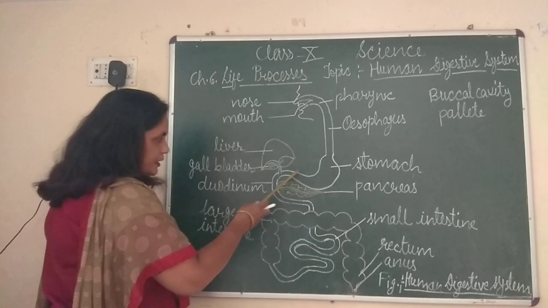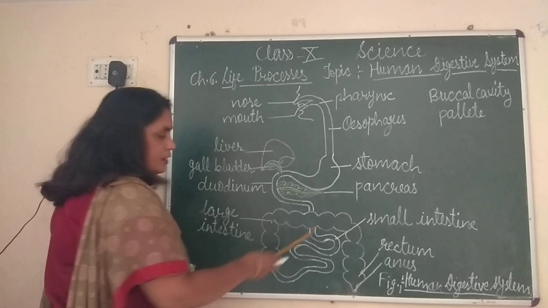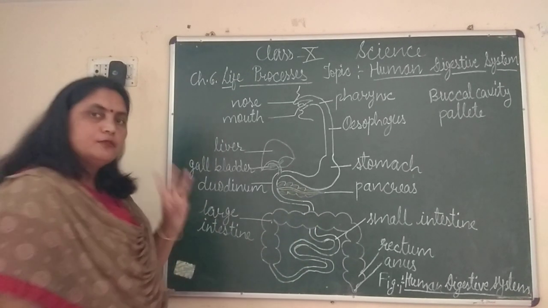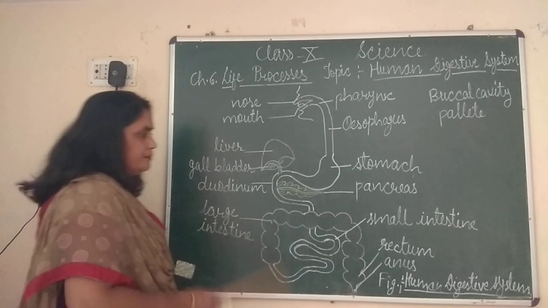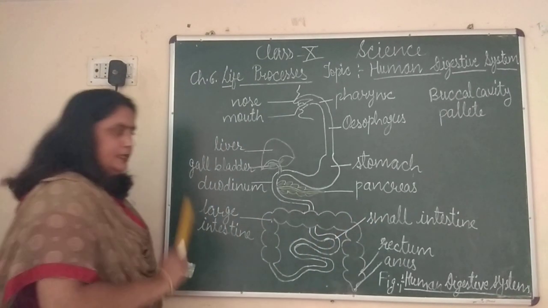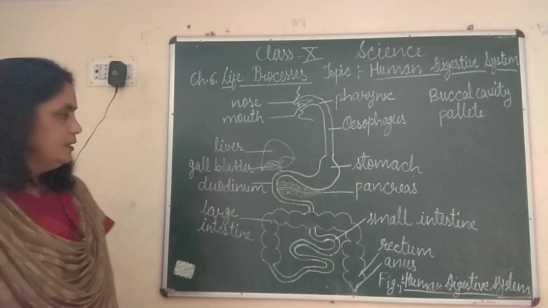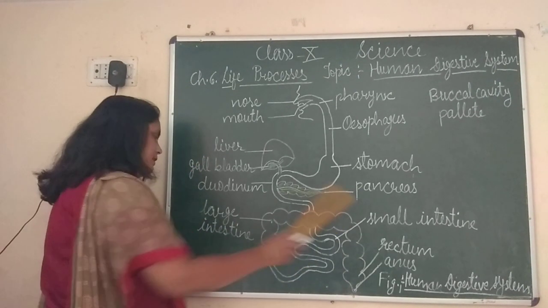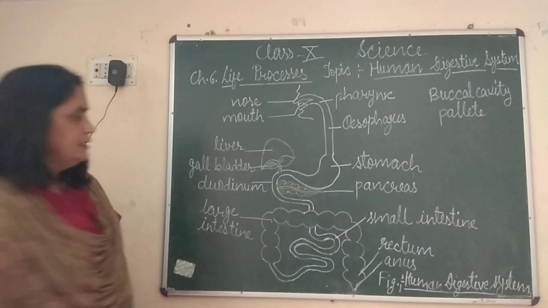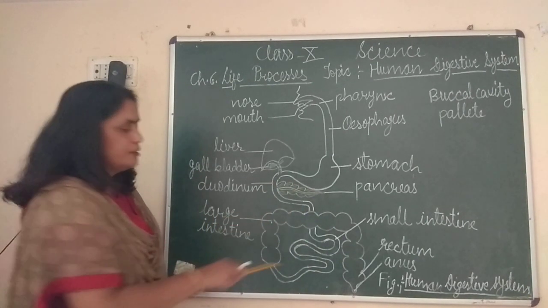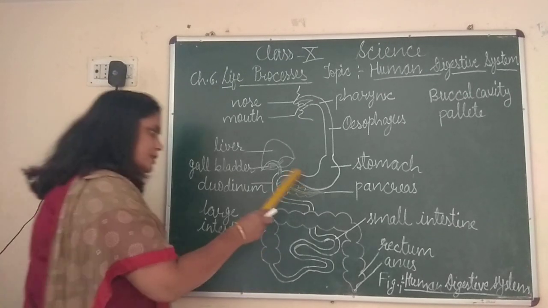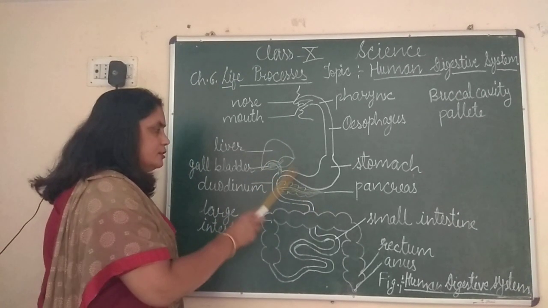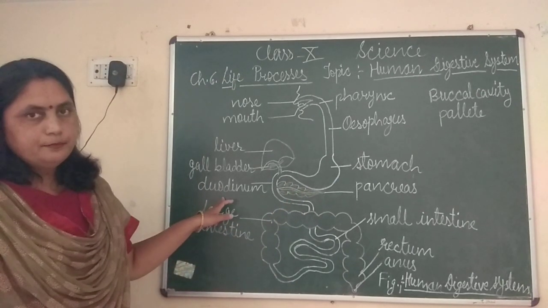This stomach later opens into a long tube, and this long tube is divided into three parts: duodenum, small intestine and large intestine. You can also say that this long tube is divided into two parts: small intestine and large intestine, and the initial portion of small intestine, which takes a U-turn, in the shape of U, is called duodenum.